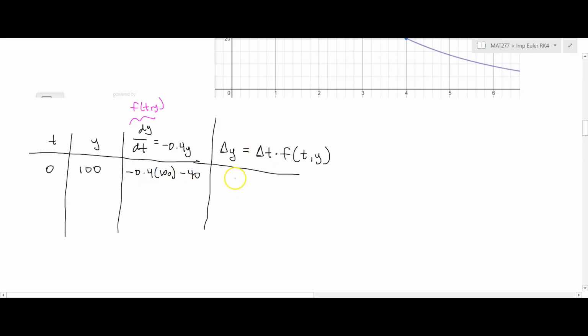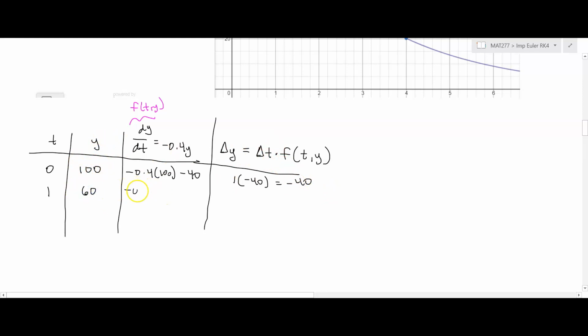Now, because our step size is 1, we're going to multiply that negative 40 by 1. Remember, that's a decrease of 40 elk per year. And we are going to advance 1 full year. So this is going to be negative 40. Again, like I said, we don't really need this column. So that means I'm at 100 elk. I expect to lose 40 elk, so that's going to be at 60.